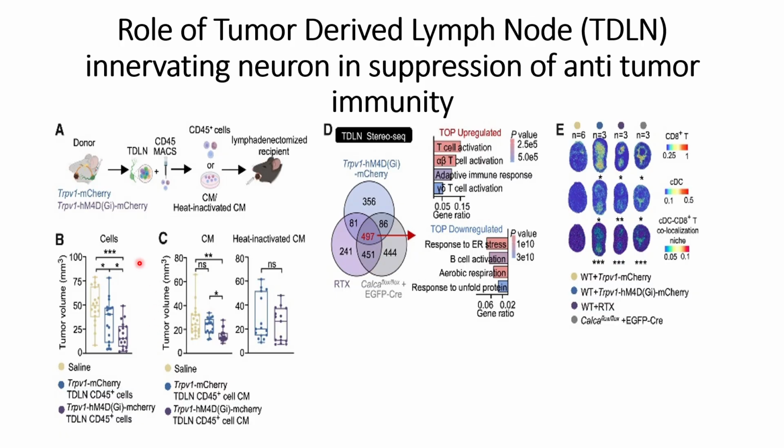Similarly, they tested conditioned media and heat-inactivated conditioned media. In the conditioned media they see similar results: with the immune cells' conditioned media alone, they are able to see tumor reductions compared to the control, though these reductions are not significant.